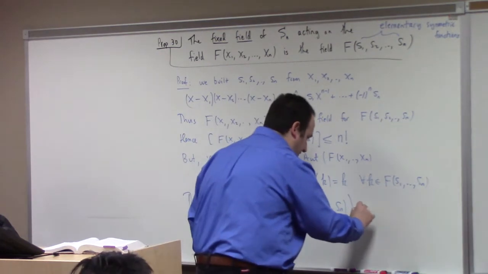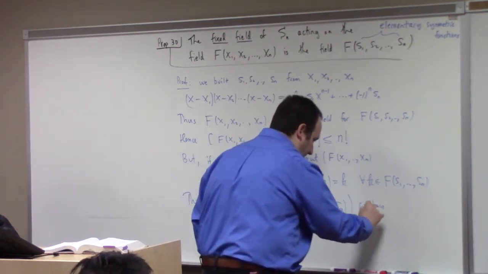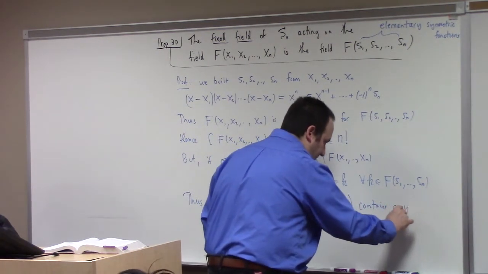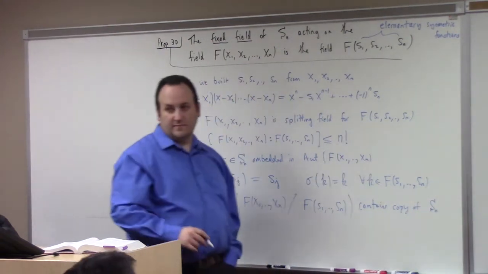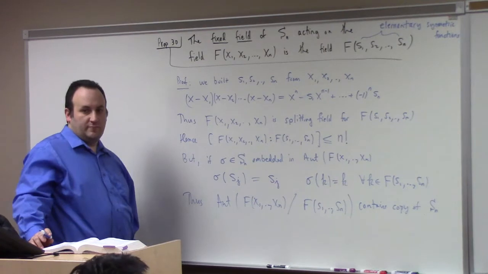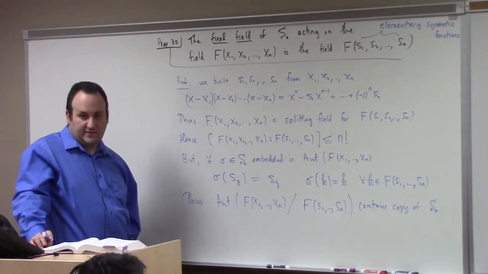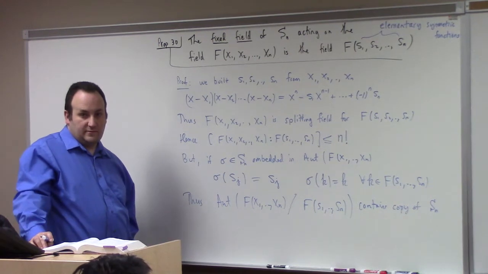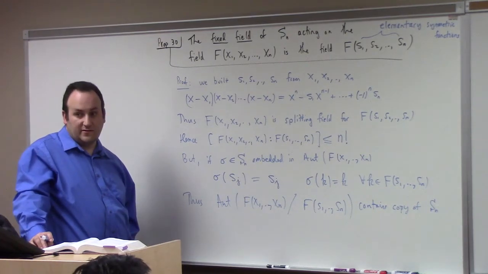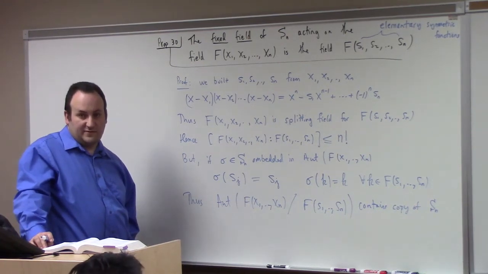It contains what? A copy of Sn, up to isomorphism. But we know it's a Galois extension because it's the splitting field, right? Which means the degree of the extension has to match the degree of the group of base field fixing automorphisms.